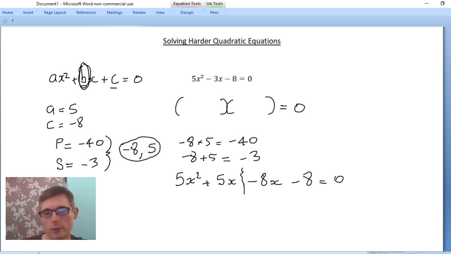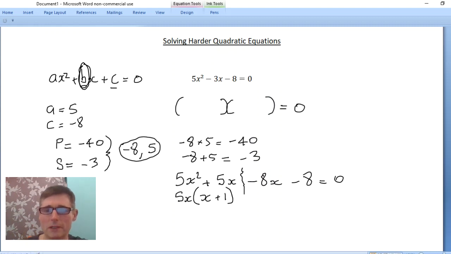Then we factorise the first half of the equation. We're looking for a common factor in 5x squared plus 5x. As you can see, 5x is in both parts. We can write that at the front of a bracket, and inside the bracket we need x plus 1.